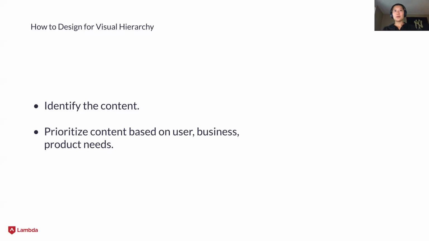So we should always strive to make our experiences solve our users' needs, but our business is also going to have needs too, because in the end, they're looking to make money. So we have to make sure that there's a balance between all three.